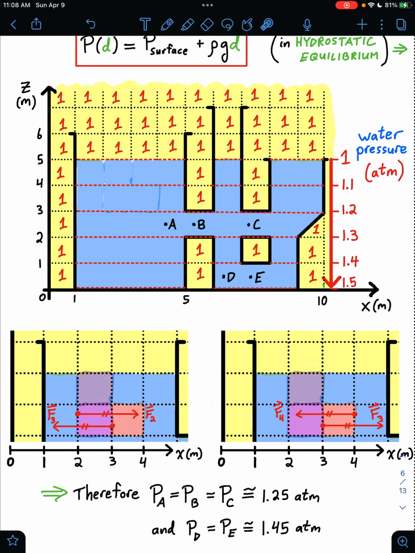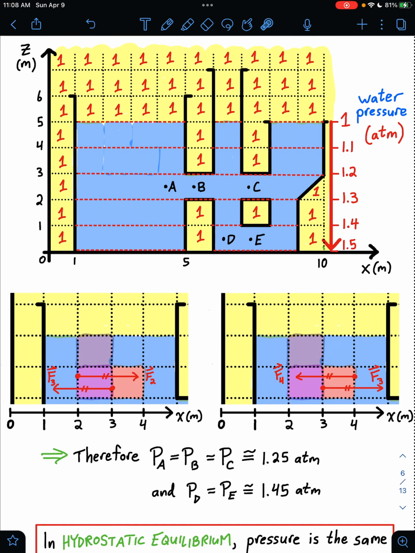The point is that the pressures will be the same as we move along any horizontal line. Same pressure as we move horizontally so that the forces balance.